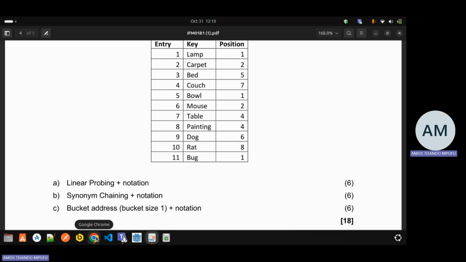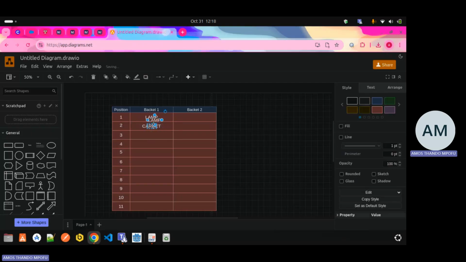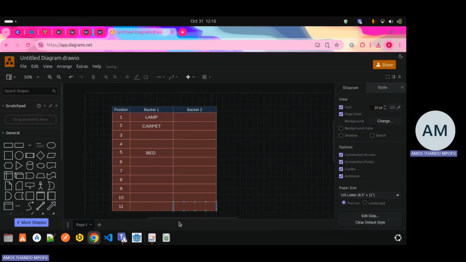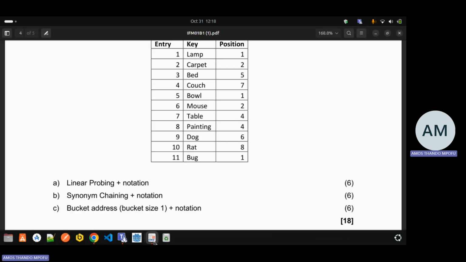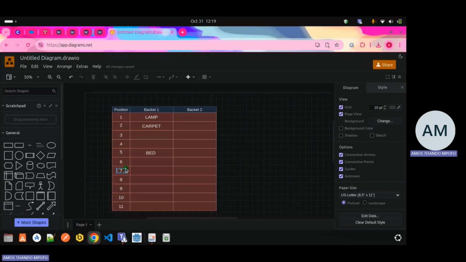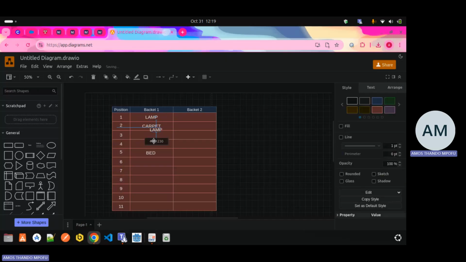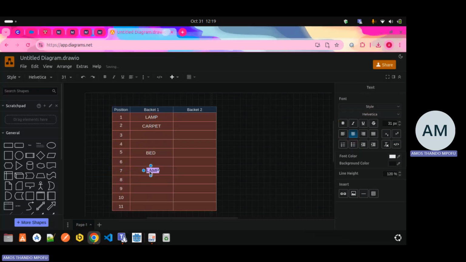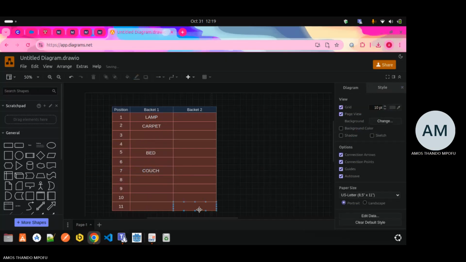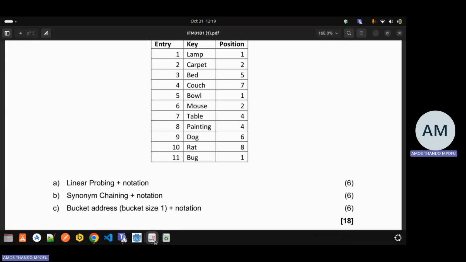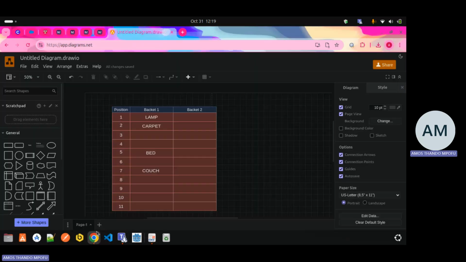So bed goes to 5. Index 5 is bed, just like your sleeping bed. And then couch is index 7. So I'm gonna go to index 7. That's couch. And then index 1 is bowl.